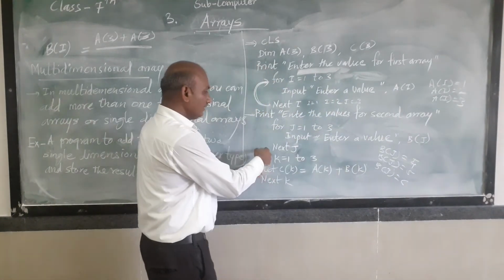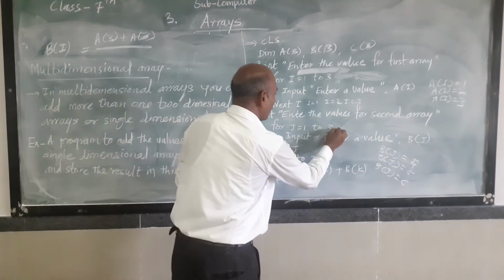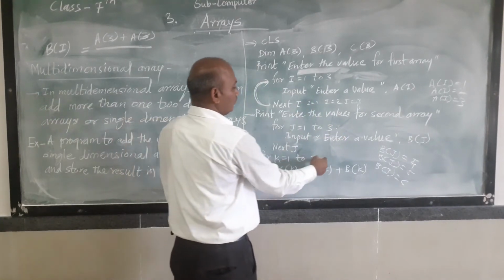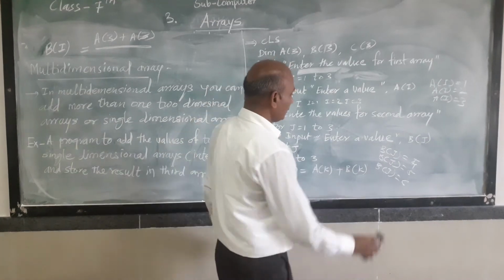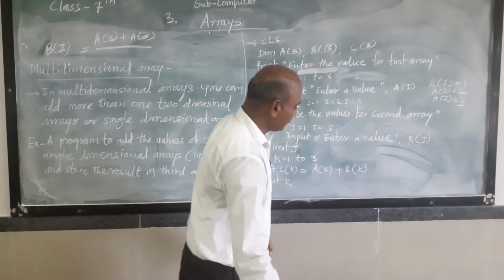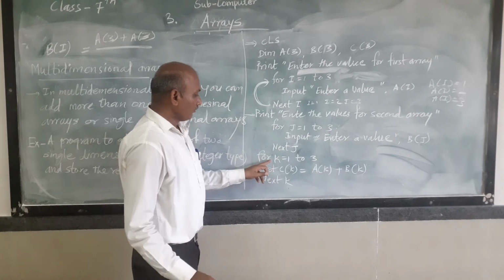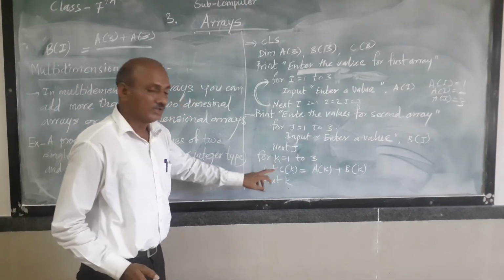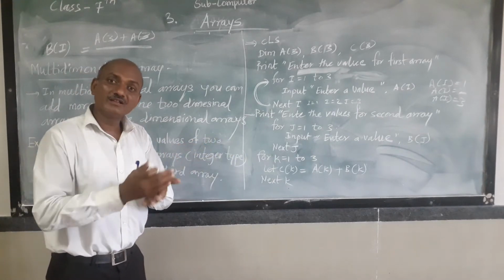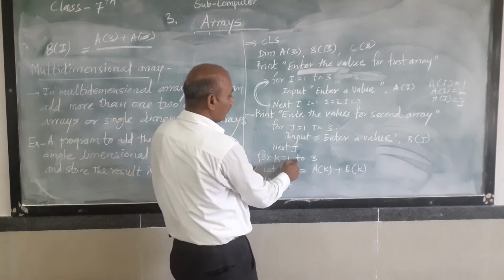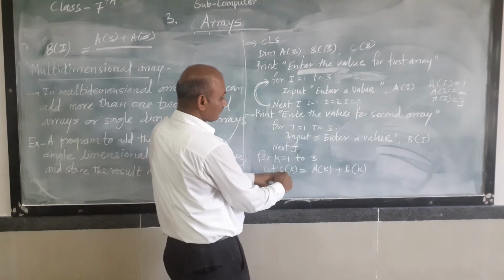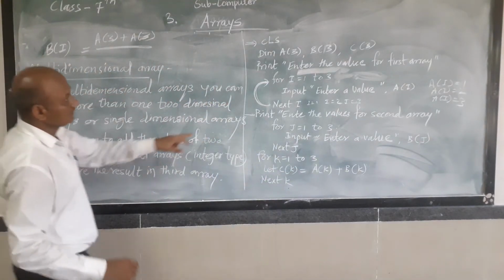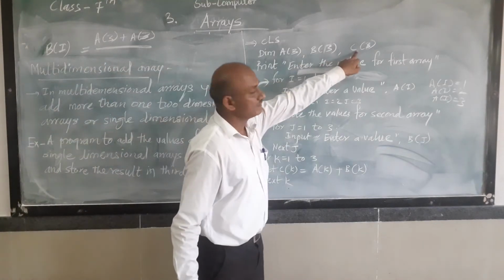After 3 times are complete, the cursor jumps directly here, for k is equal to 1 to 3. What is k doing here? This loop is for addition. This loop does the addition 3 times, for k is equal to 1, 2, 3. Where is c? This is c.